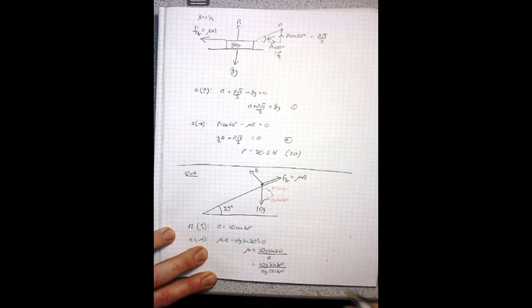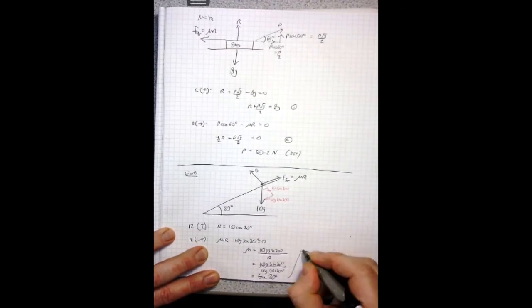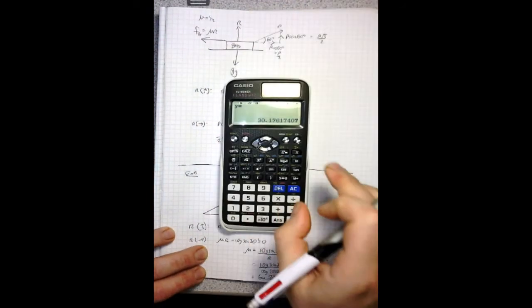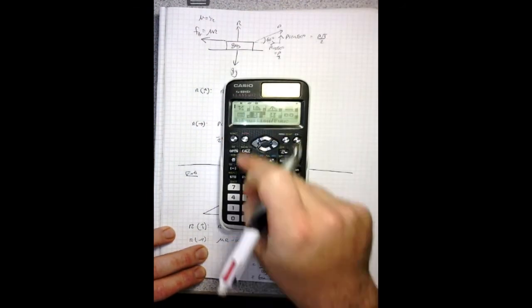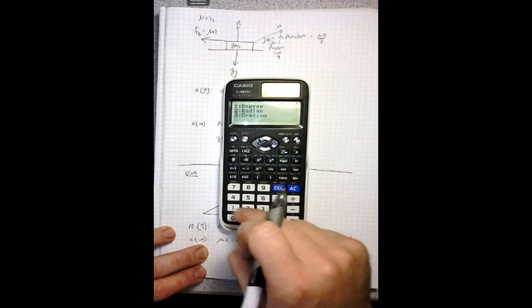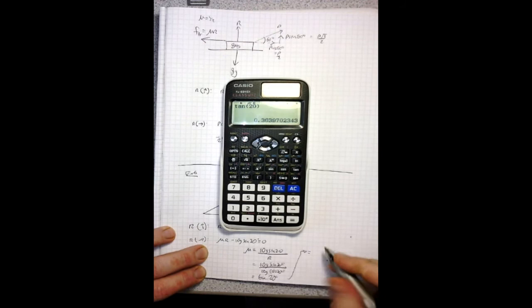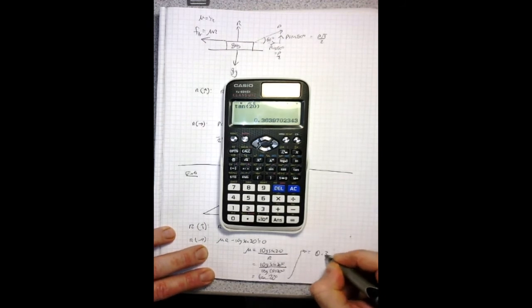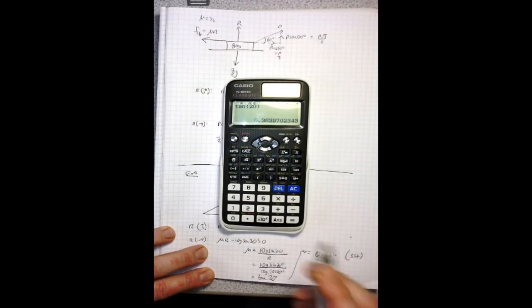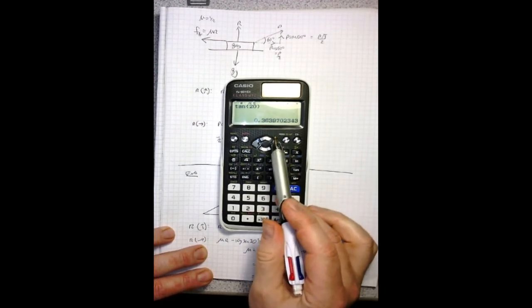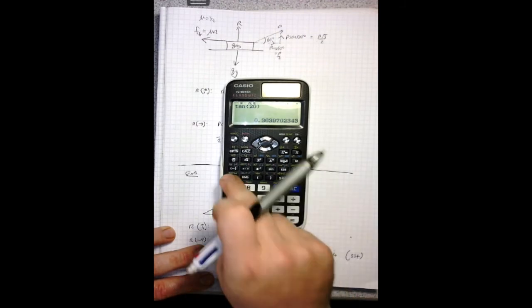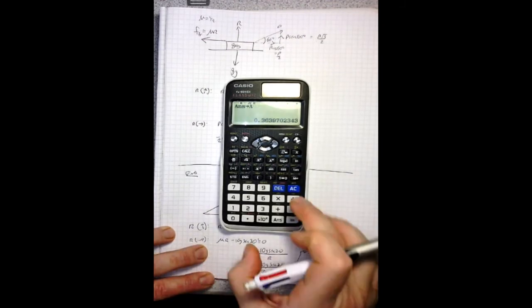Now look at that, 10g is cancelled out, sine over cos is tan, so I can just write that as tan 20. Make sure I'm in degrees. Tan 20 is 0.364 to 3SF. I'm actually going to store this to use it later, so store as A. Okay, so I've stored that as A.